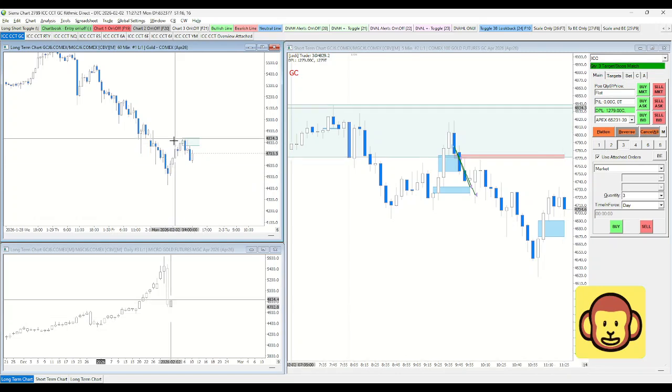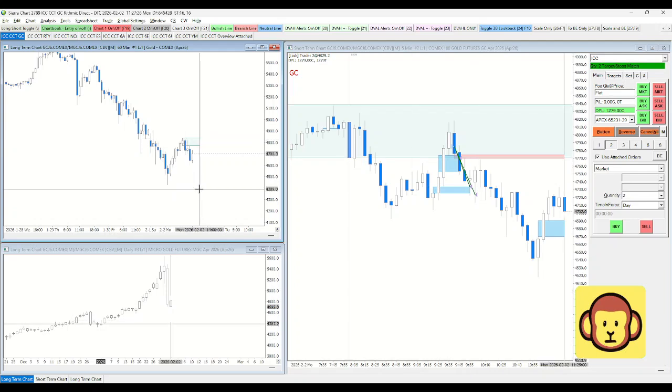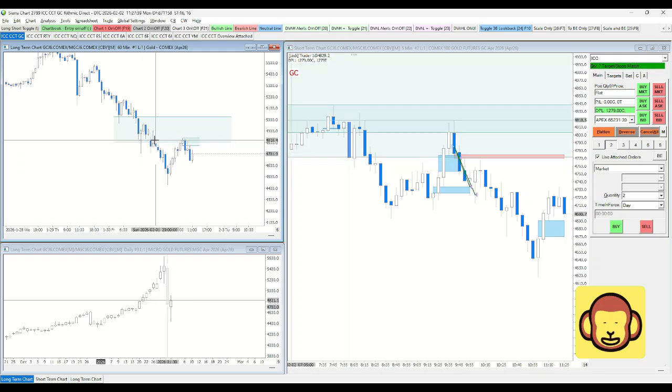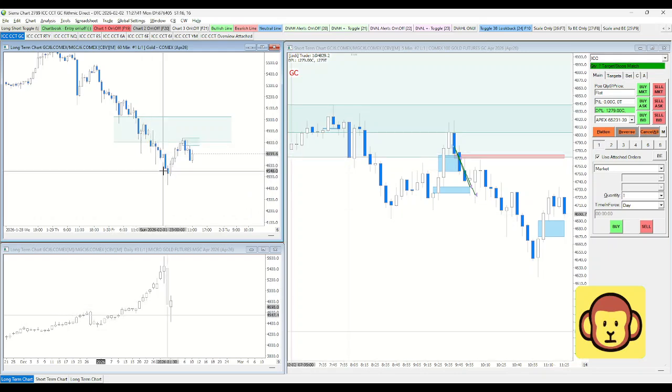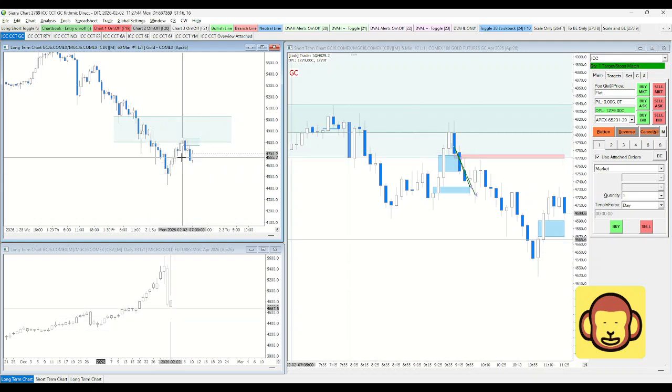So I was up here at the top, looking for a continuation of the trend. Technically, what we should be looking for is an area of balance, a breakout, an indication, a correction, and the continuation.